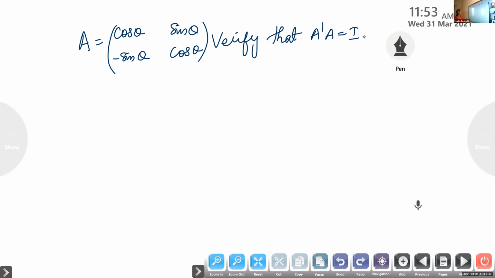So find out what is A dash. It's a 2 by 2 matrix. The first row will become the first column. So A dash is cos theta, sin theta.